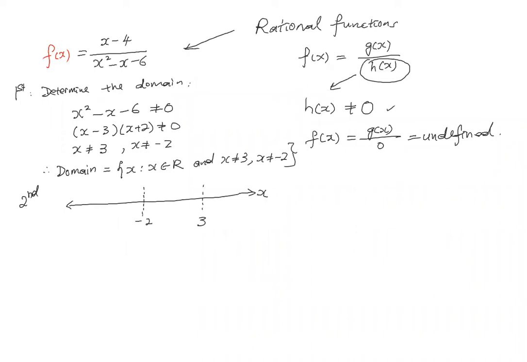Whenever you see a dotted line on a sign diagram, it means x cannot be -2, x cannot be 3. When you see a dotted line, it means not part of the domain. Are you clear?